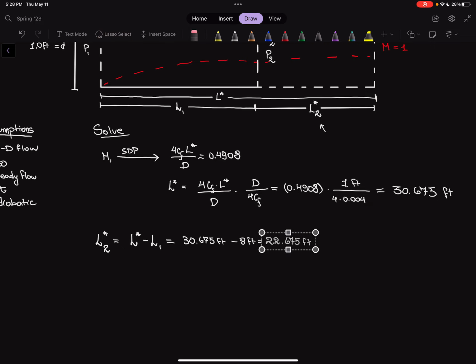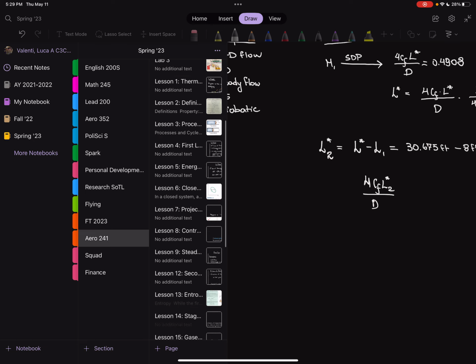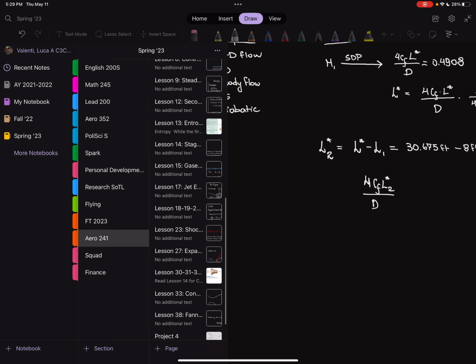Well, now what we do is we find 4CFL2 star over D. And I have to make sure I'm doing this right. So let's check together that I'm doing this correctly.